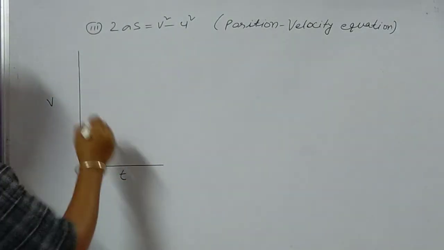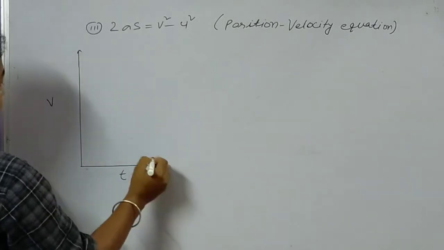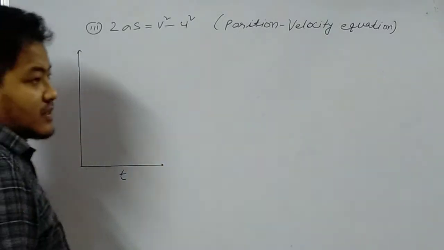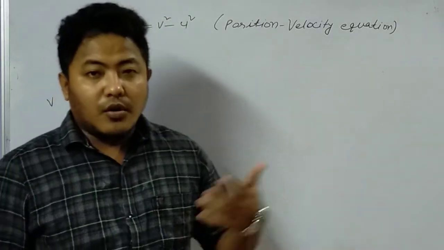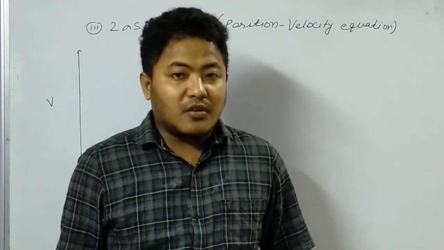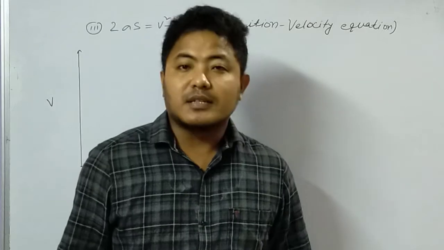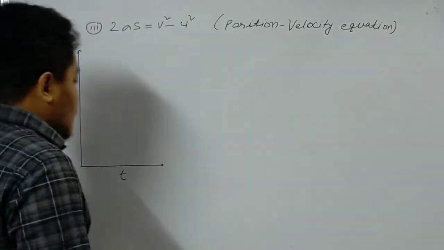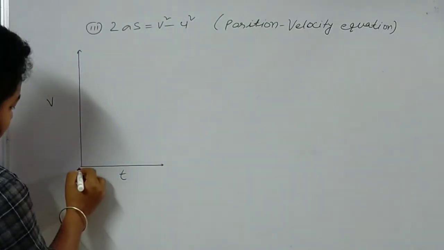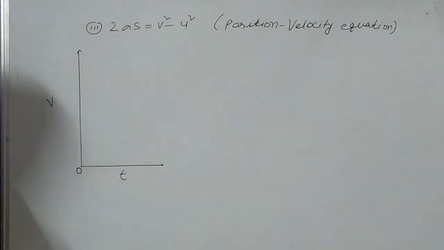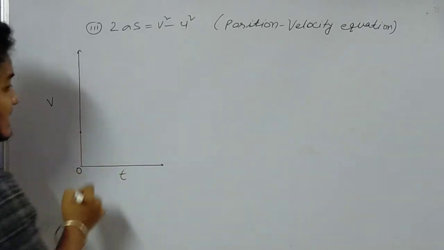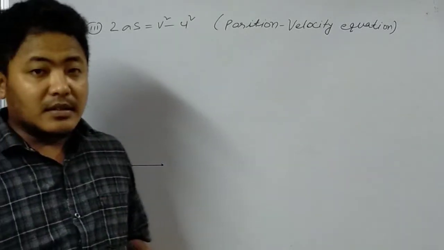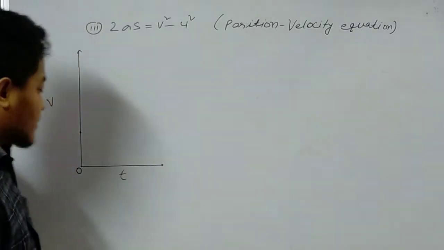So in this case, if I consider an object that is in uniform acceleration, I have already mentioned that in all the cases we will consider a body that is in uniform acceleration. If I consider this to be 0, and we have considered that the initial velocity of the body is not 0, so we will start from this point.